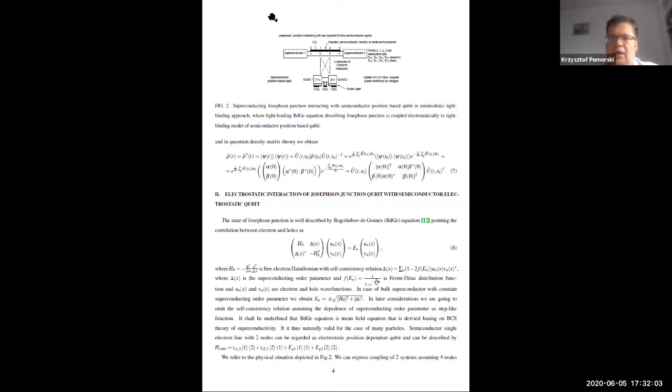So basically, we assume that the superconducting order parameter is non-zero at points 0 and 3. This also means that this state is effectively shielded from seeing the electron in a semiconductor qubit.